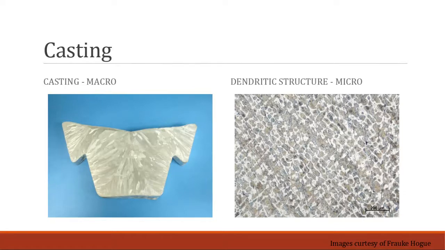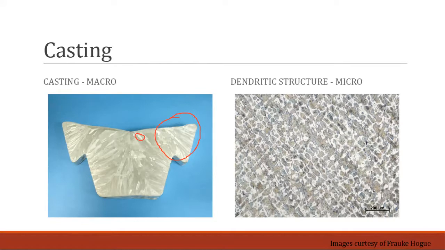That's the way it solidified. So the macro that you see over here on the left, all the differences in contrast are how the light is reflecting off of those grains. So these are actual grains. That means this region right here is the size of that grain.